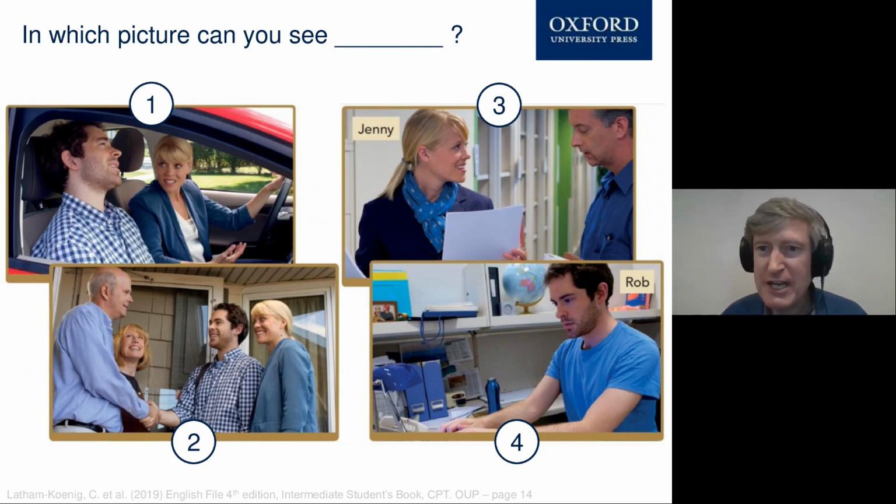Yeah, we may not agree. Yes, some people look a bit closer. Oh, let me ask you this one as well. In which picture, or which pictures, plural, can you see a door? In which pictures can you see a door?